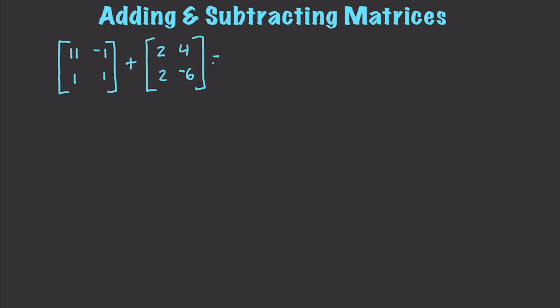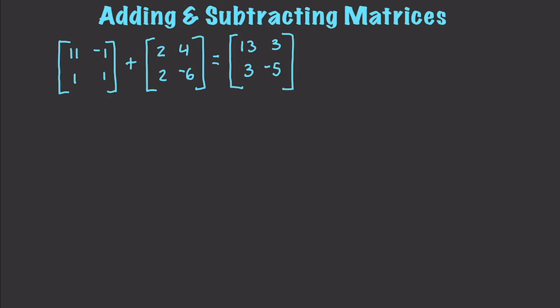So, if you want to add these matrices, what do you do? Well, you just add up the corresponding cells. So 11 plus 2 is 13. 1 plus 2 equals 3. Negative 1 plus 4 equals 3. And 1 plus negative 6 equals negative 5. There you go. That is how you add matrices.